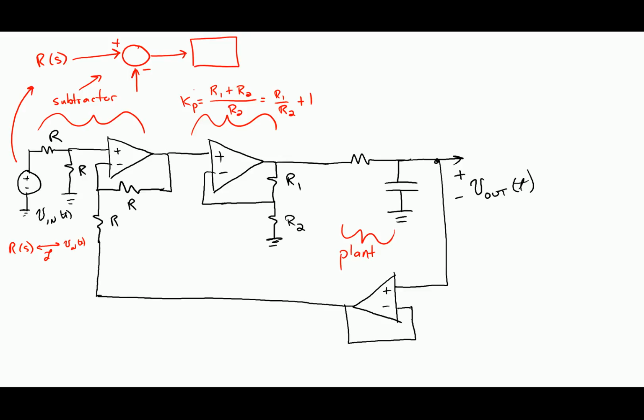So the output of my subtractor goes into that block, Kp. Now my plant, from input to output, meaning from the voltage here to the voltage across the capacitor, is just 1 over S tau plus 1.